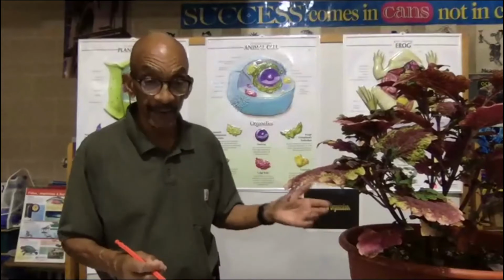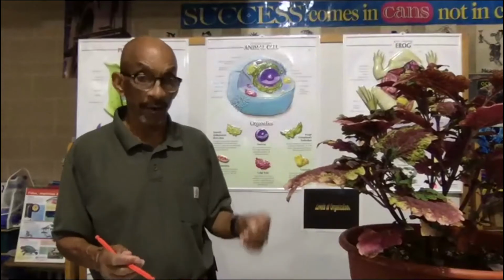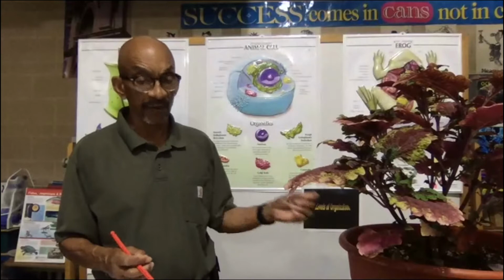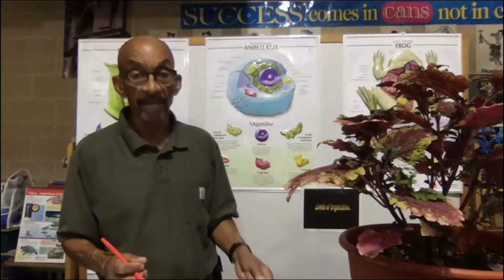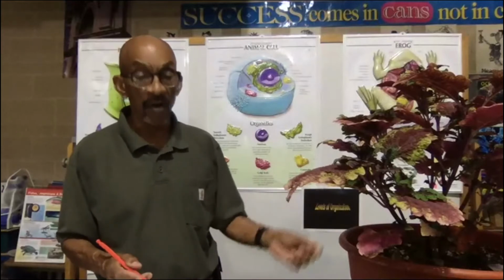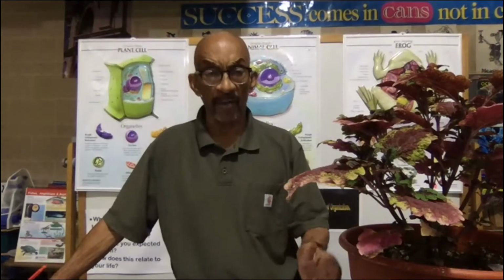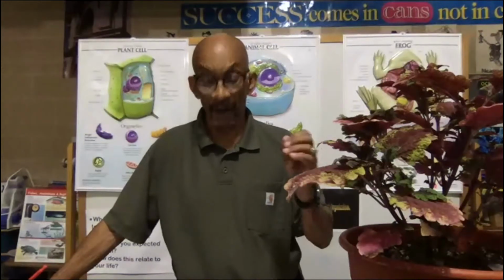Special cells go into special tissue, and that special tissue goes into organs that do a specific job for that plant. For example, a plant has a system of roots. Certain types of cells make up the tissue that makes up those organs we call the roots, okay?